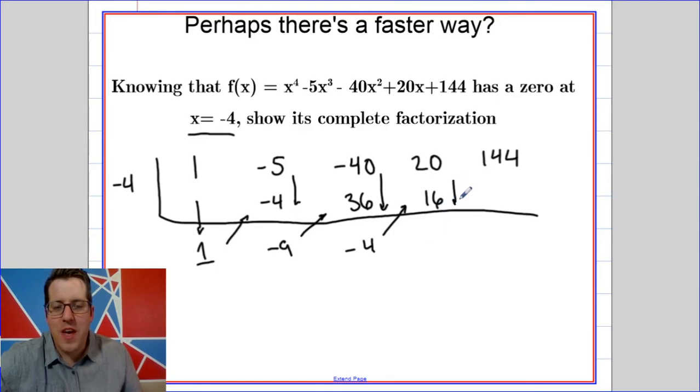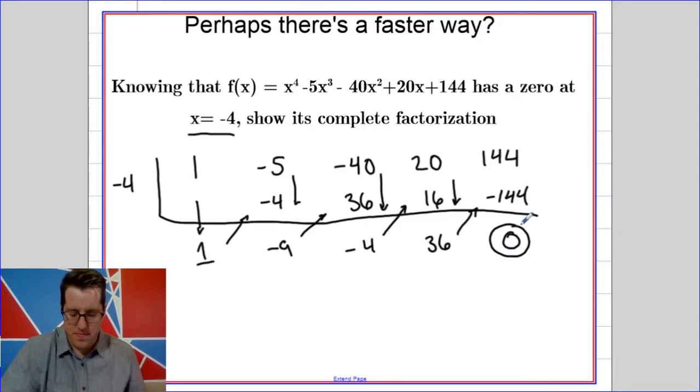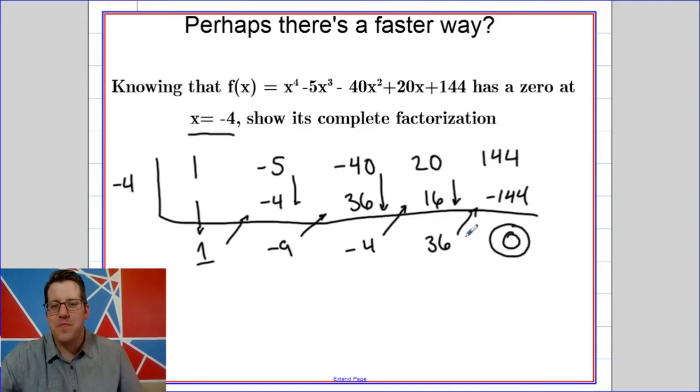And then add those again. And then multiply. And then add. It works so nicely.